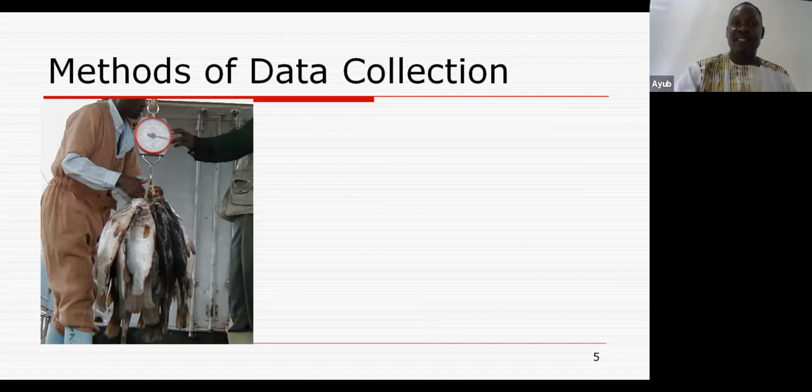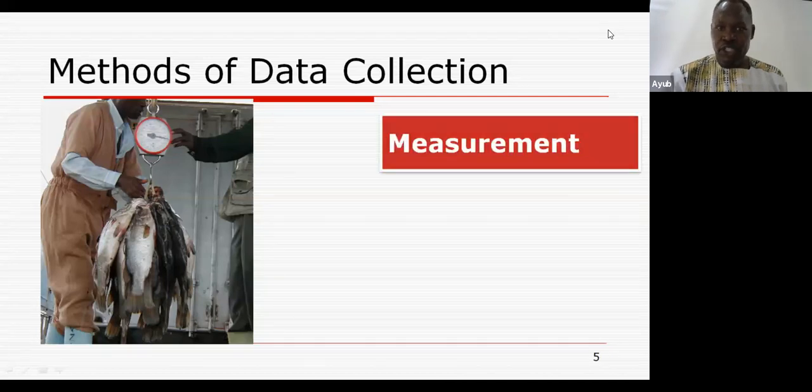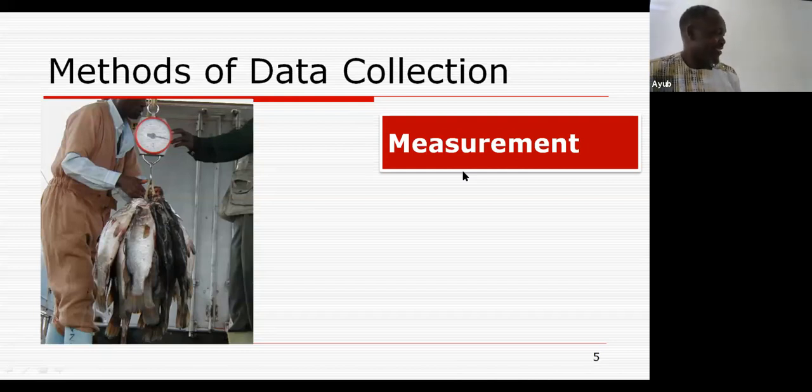Finally, these people went to the field, to Kasenyi Fish Landing site, and they wanted to find out the weight of fish. So the method has come. I had wanted to hide the method.